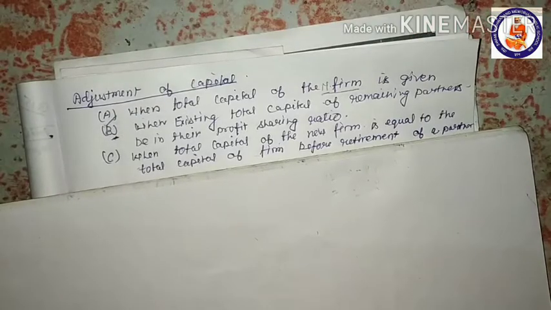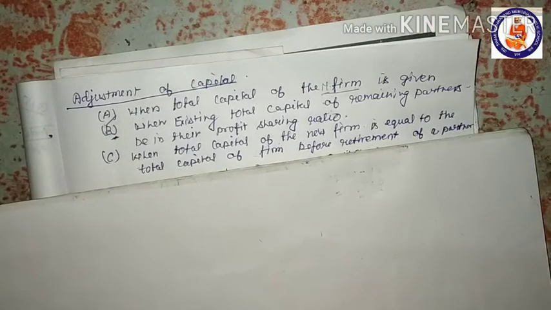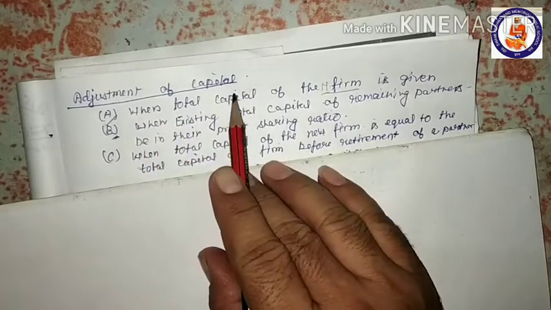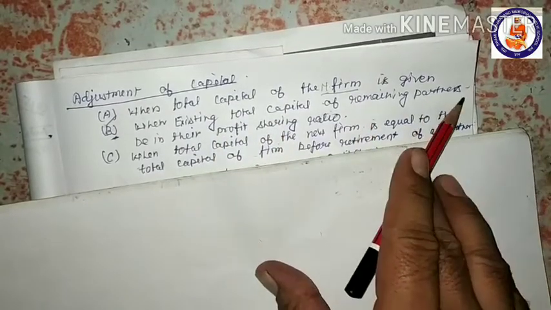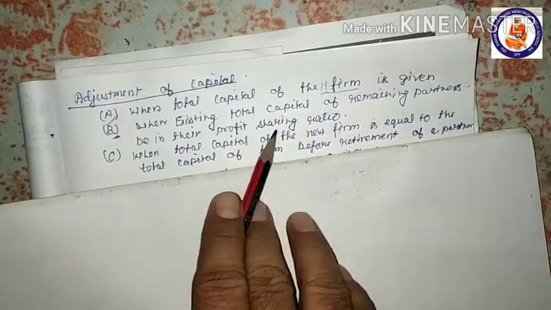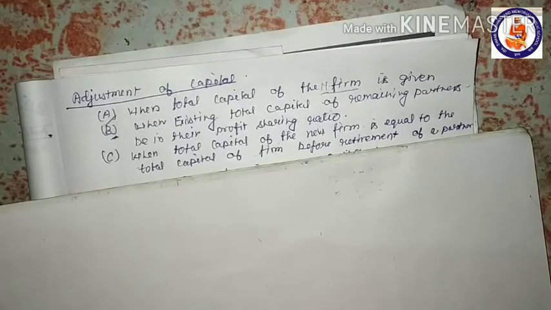Hello students, in this lecture we have to cover adjustment of capital when the existing total capital of the remaining partners is to be in their profit sharing ratio. In this we will see how much is the total capital of the remaining partners, and we will calculate how much should be the capital of each partner as per the profit sharing ratio of the remaining partners.